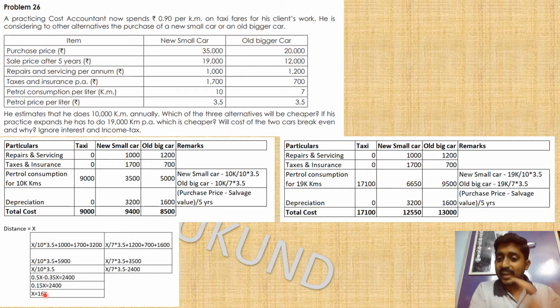You can correlate this with my earlier statement: at 10,000 kilometers the old big car was the cheaper option, and at 19,000 kilometers the new small car was the cheaper option. So between 10,000 and 19,000, 16,000 is the point at which these two methods break even. If you go more than 16,000 kilometers, the new small car will be the cheaper option, and if you travel below 16,000 kilometers, the old bigger car will be the cheaper option.